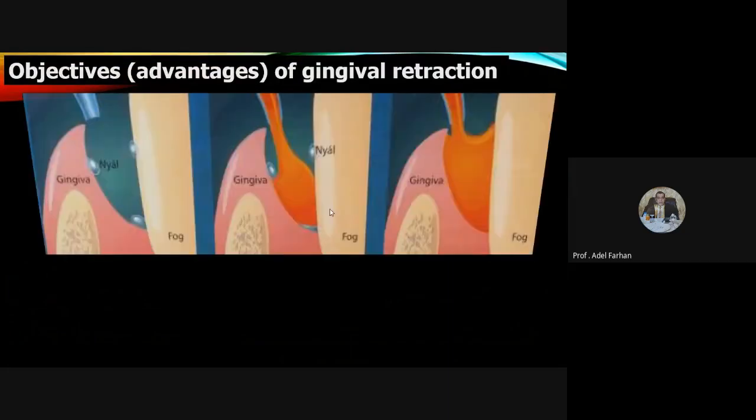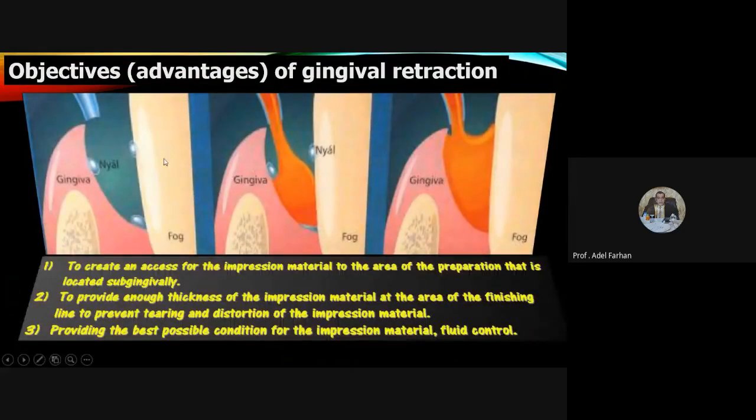As we said from the beginning, the main objective of gingival retraction is to create access. As we said, you expand the gingival sulcus so that you create access for the brushing area to the area of the preparation that is located subgingivally. Meaning when you have your finishing line above the gingiva, you don't need to do a retraction.